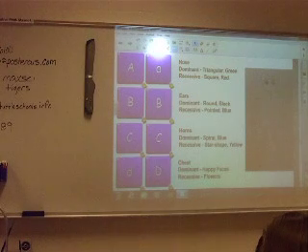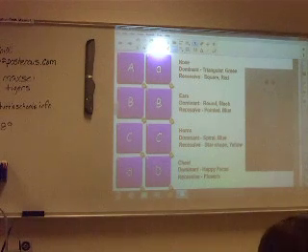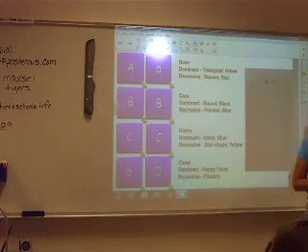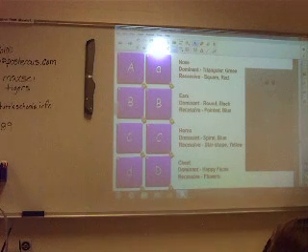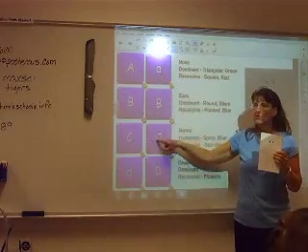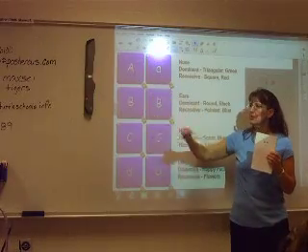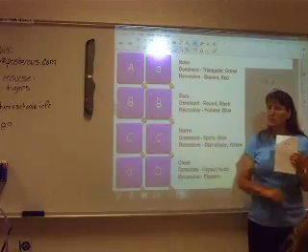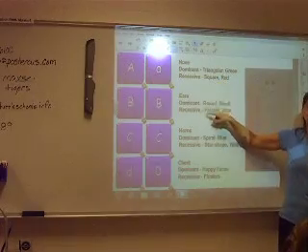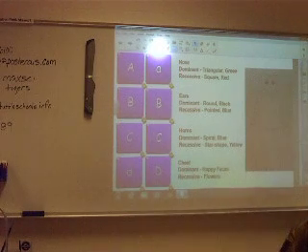So what you're going to do with Happy Alien, you are going to color Happy Alien according to his traits. So these are going to be dominant or recessive. You've got to figure out what this trait is and color him accordingly.